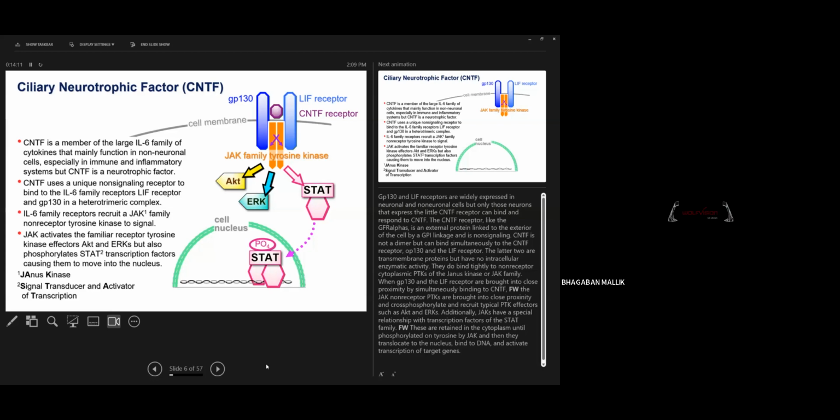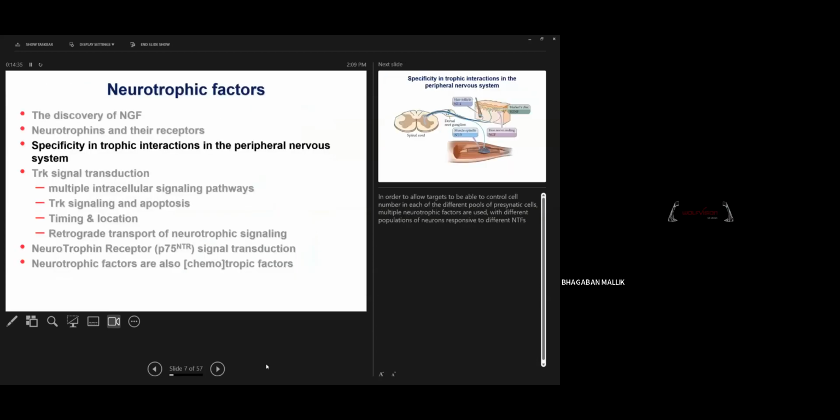After phosphorylation, STAT enters into the nucleus. Phosphorylated STAT enters into the nucleus. It is signal transducer and activator of transcription, that is STAT. After entering the nucleus, it binds to the DNA, and it causes the transcription of the genes required for neuronal growth, which is shown here.